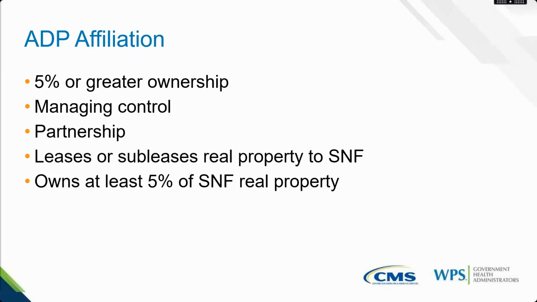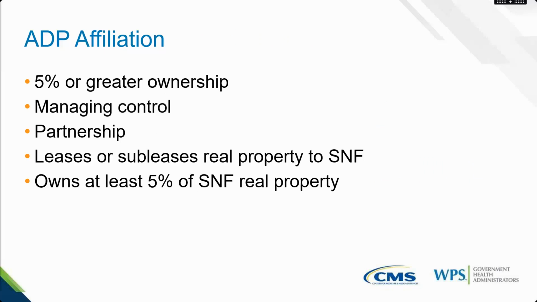Any managerial control, partnerships, we need to understand leases and subleases for real property of that SNF, and then anyone who owns at least 5% of the real property. And again, it includes persons and organizations that are furnishing services on behalf of the SNF. These are going to qualify as ADPs and need to be reported.